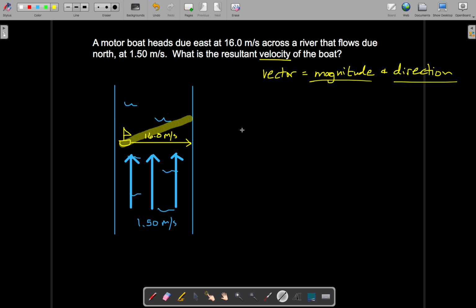So we have a boat traveling 16 meters per second to the east. So that's what this vector is. Here's your 16 meters per second due east. And of course you have the water current that's pushing due north. So that's what this is right here.